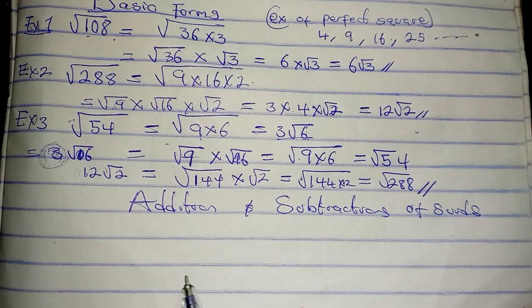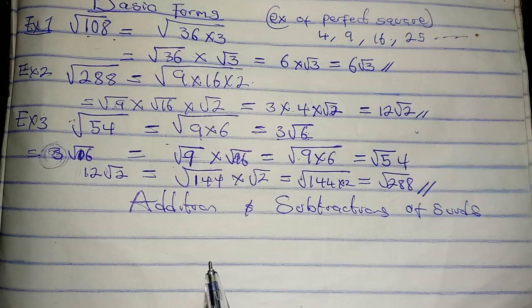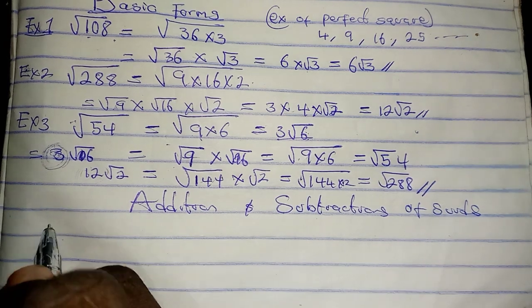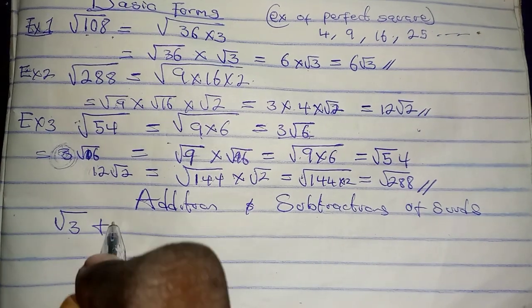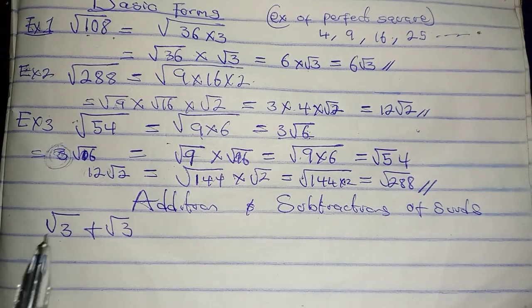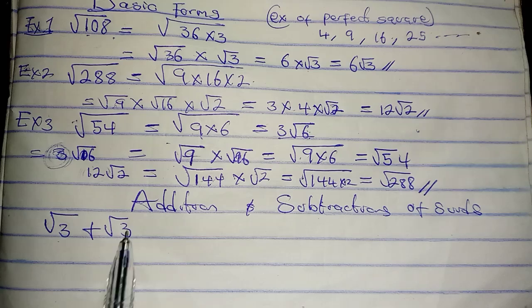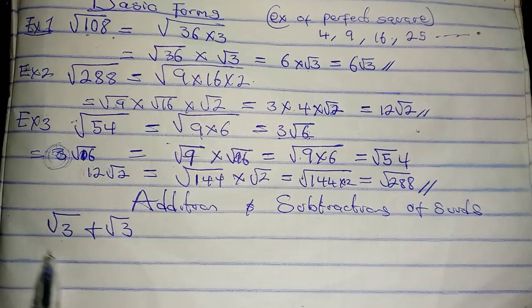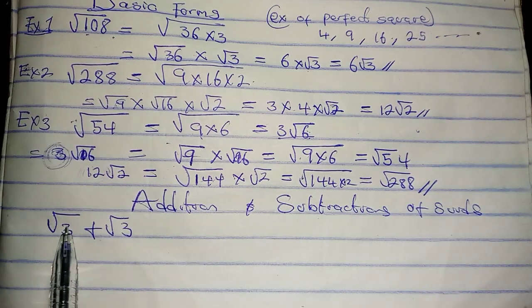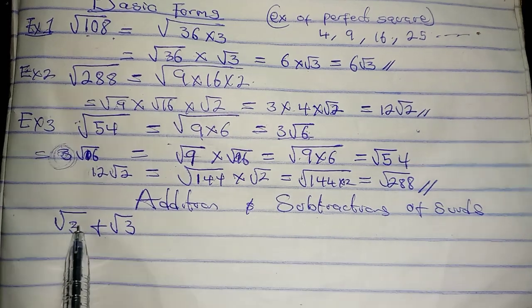Like SURDs are SURDs that have the same number under the square root sign. For instance, now you have root 3 plus root 3. Don't forget, you can easily add or subtract like terms, and these like terms are SURDs which have the same numbers under the square root.